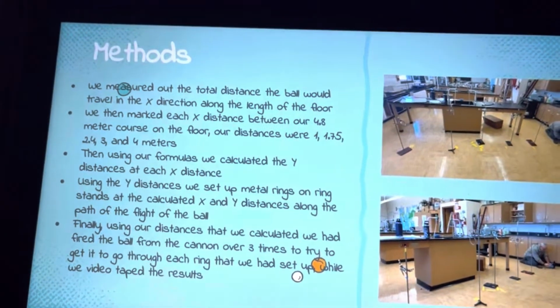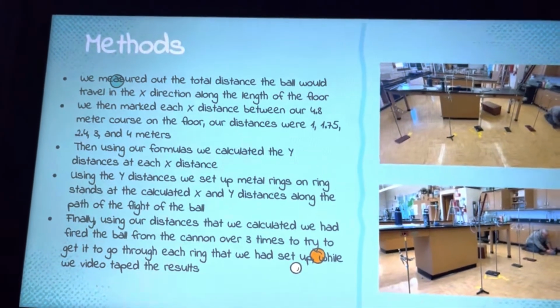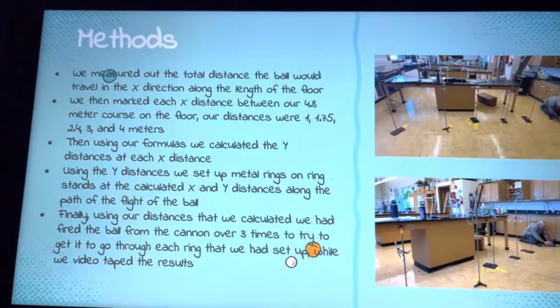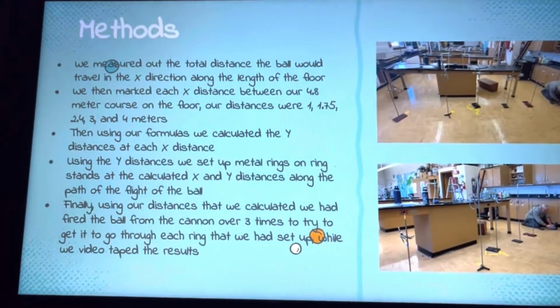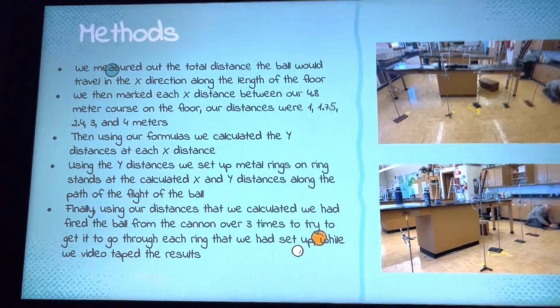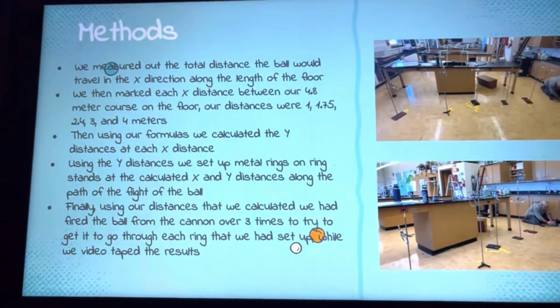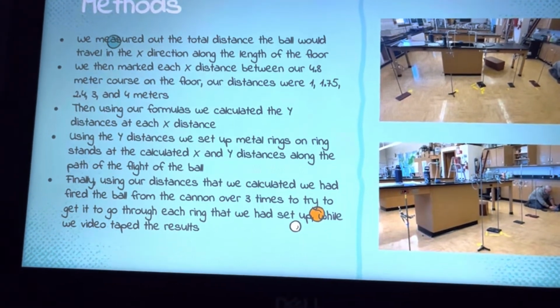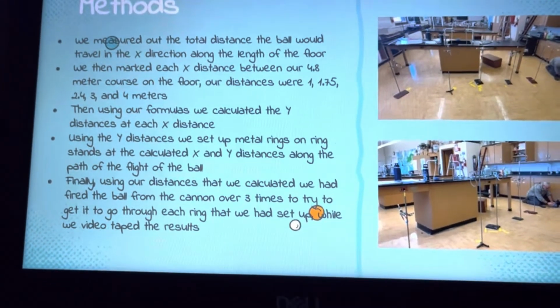Our methods. We measured out the total distance the ball would travel in the x direction along the length of the floor. Secondly, we then marked each x distance between our 4.0 meter course on the floor. Our distances were 1, 1.75, 2.4, 3, and 4 meters.